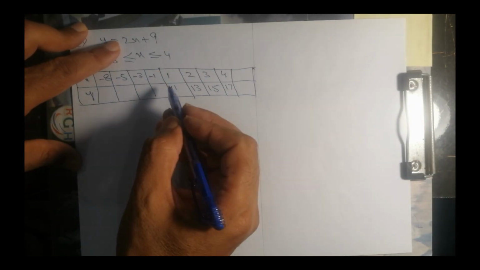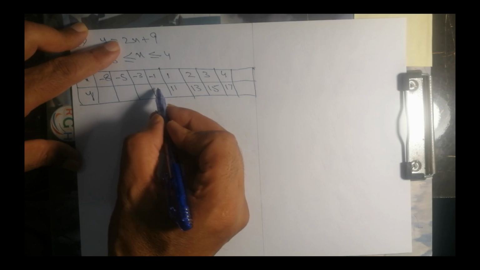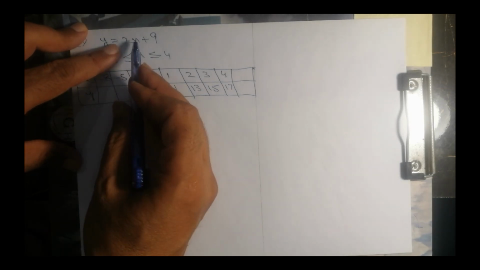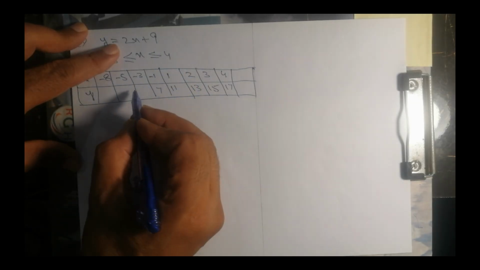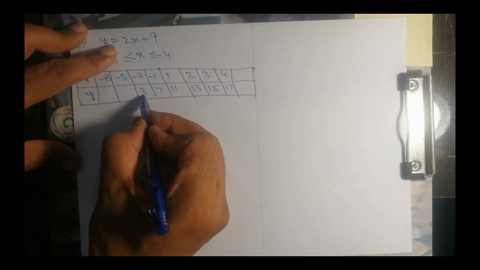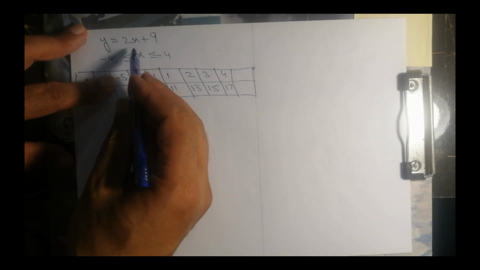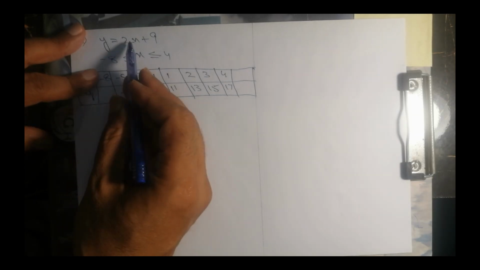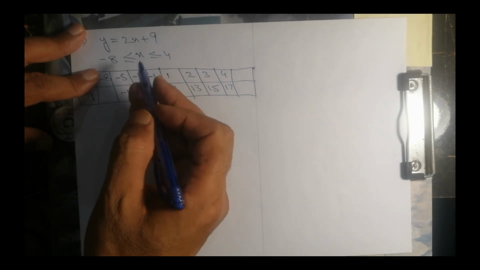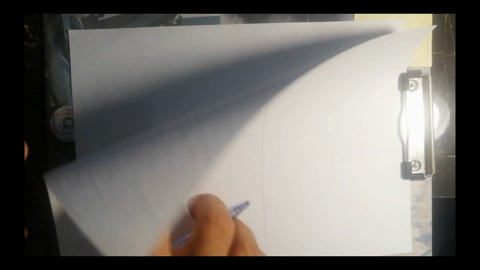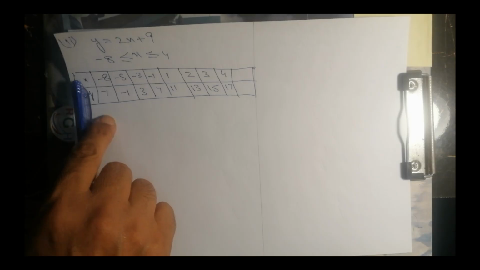For minus 1, minus 2 plus 9, this will be 7. For minus 3, minus 6 plus 9, this will be 3. For minus 5, this will be minus 10 plus 9, minus 1. For minus 8, this will be minus 16 plus 9, which is minus 7. So these are the values we need to draw on the paper.